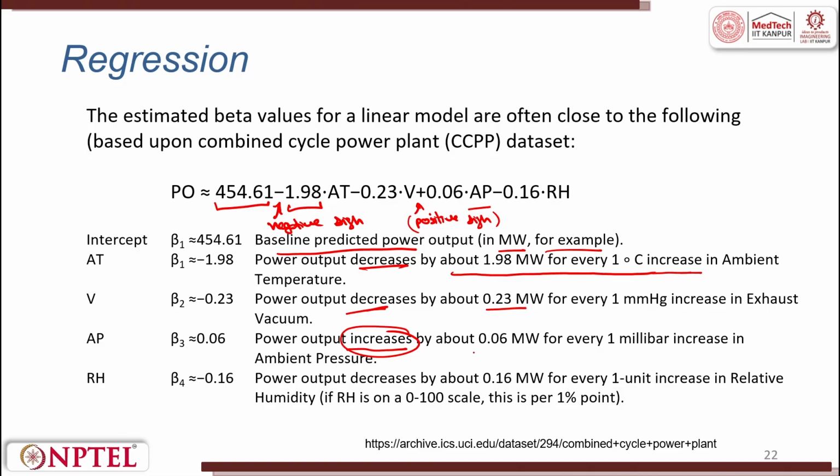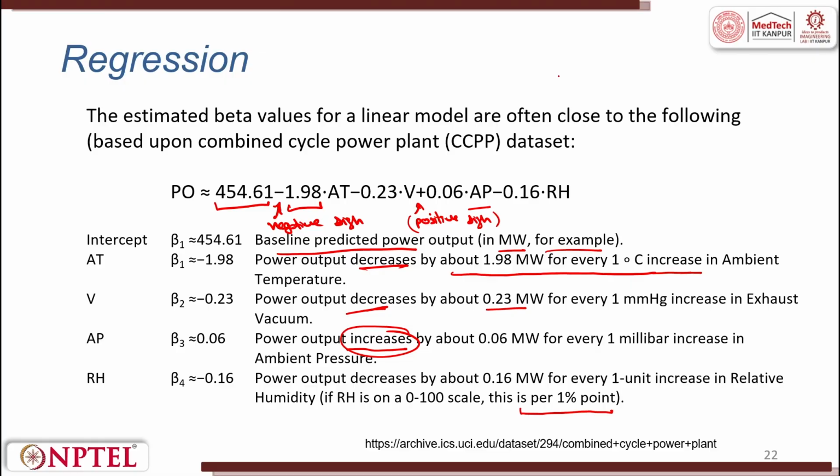Power output increases by about 0.06 megawatt for every 1 millibar increase in ambient pressure. Similarly, there is a scenario given for the relative humidity, that is it decreases by about 0.16 megawatt for every 1 unit increase in relative humidity.